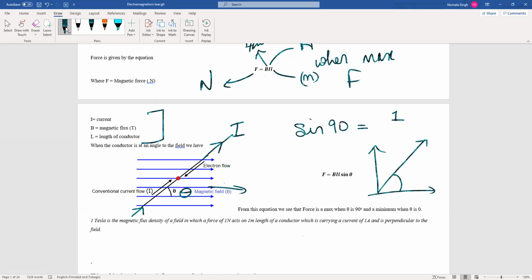We have force, and we'll have F sine and F cosine. Remember that? Oh, yeah. All right. So depending on where it is moving, we will take sine of your angle.